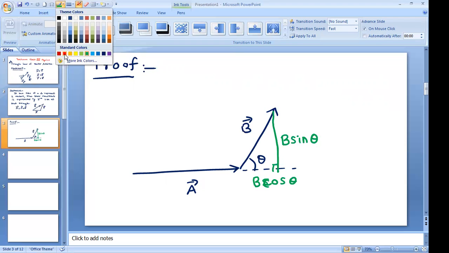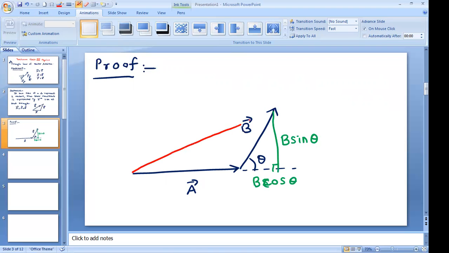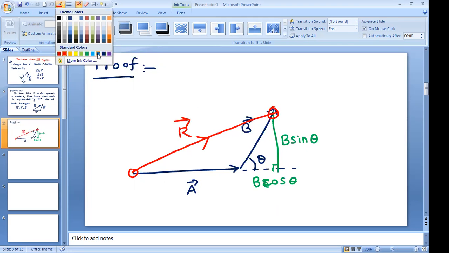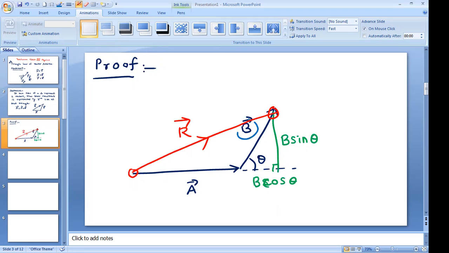Then joining the initial point of vector A to final point of vector B, I know this is my resultant vector R. So as you can see, I have simply resolved vector B along X direction, that is along vector A, and perpendicular to vector A.